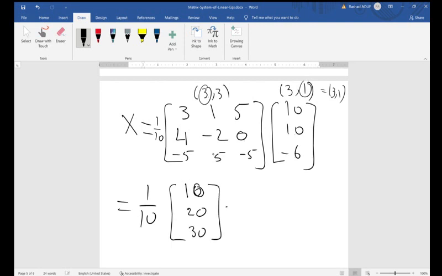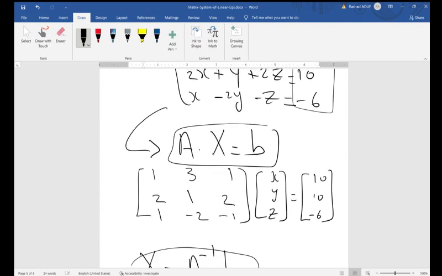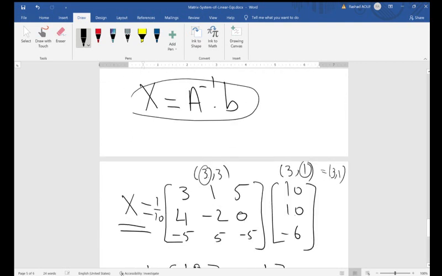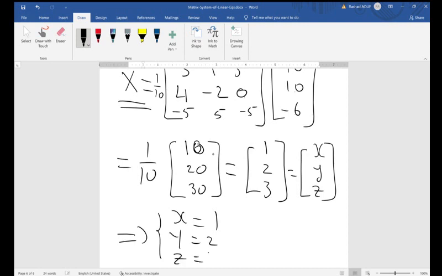Multiplied by 1 over 10, this equals 1, 2, 3. This is x, y, z, which means that x equal 1, y equal 2, and z equal 3.